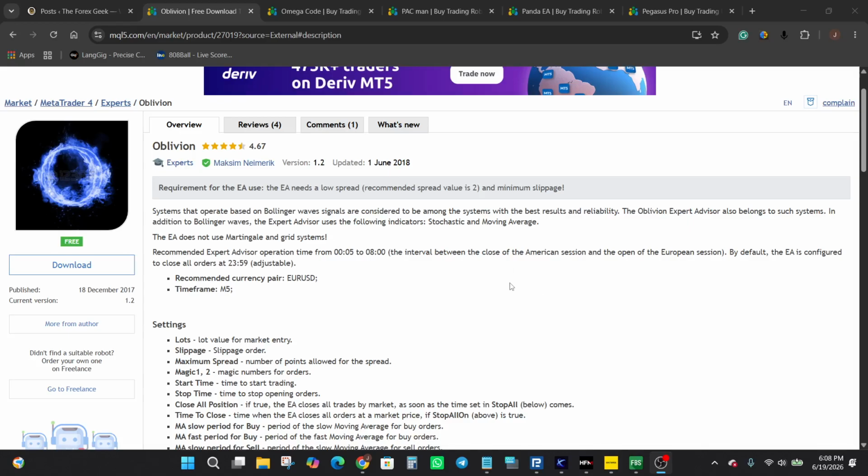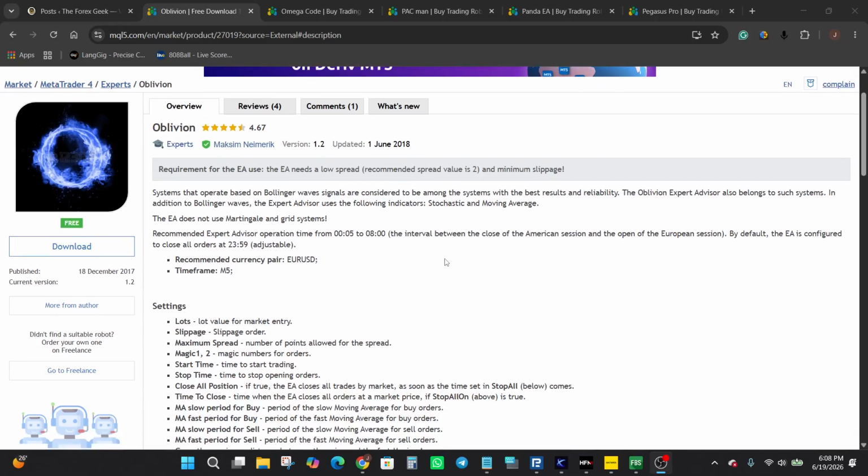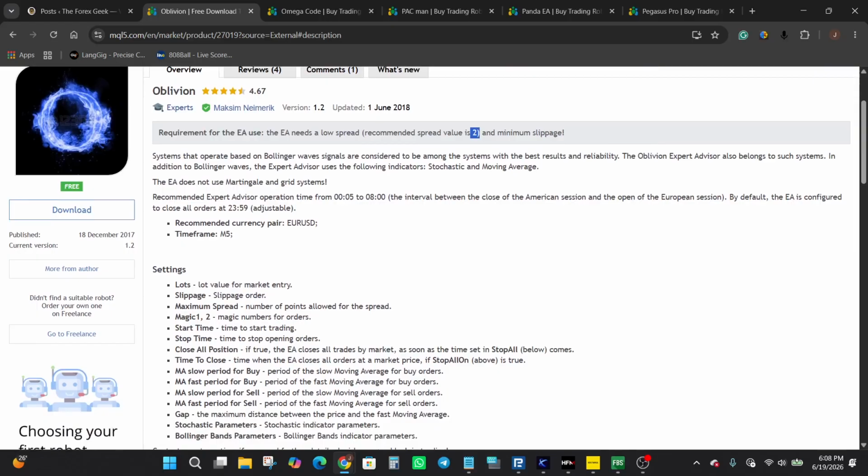One of the first things the developer highlights is that the EA requires low spreads and minimal slippage for proper operation. The recommended spread value is around 2 points. Okay, so broker conditions could play an important role in the overall performance of this system.